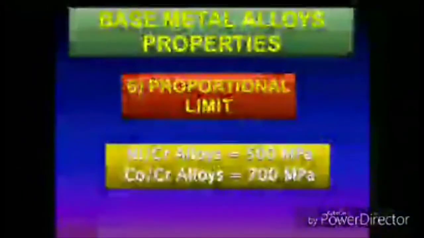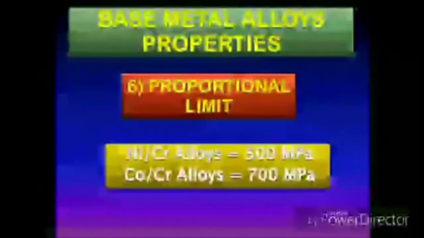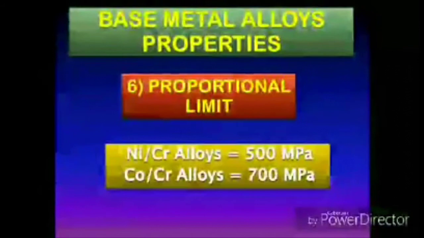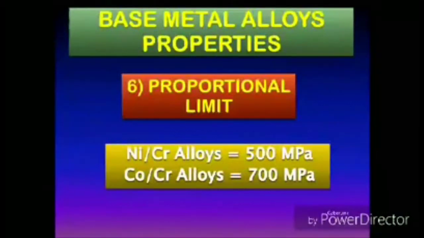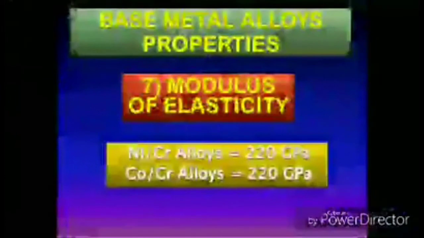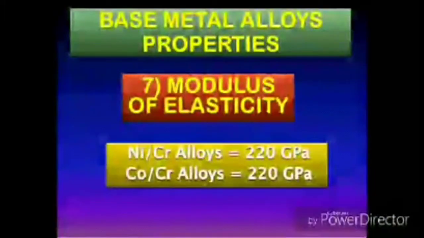Comparing the proportional limit for nickel chromium and cobalt chromium, it is 500 and 700 megapascals. The higher values of the proportional limits suggest that both these base metal casting alloys have the ability to withstand stresses without deformation. Talking about the modulus of elasticity, which determines the stiffness of a material, both nickel chromium and cobalt chromium have equal values.